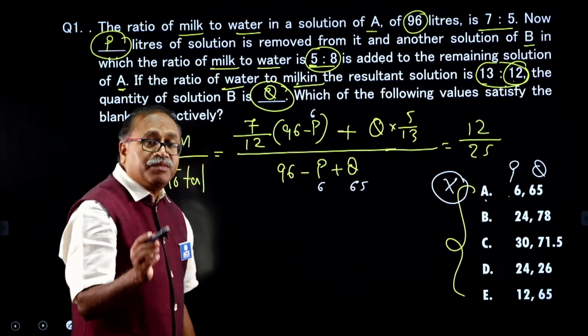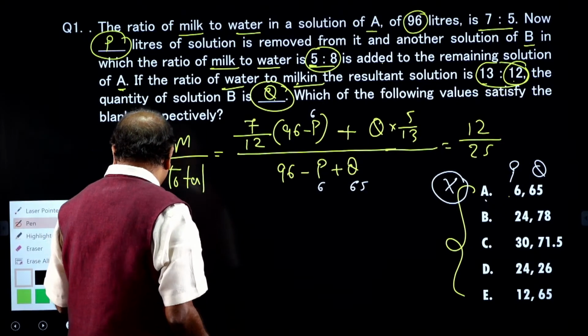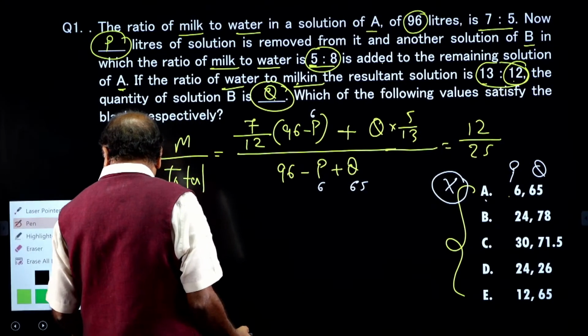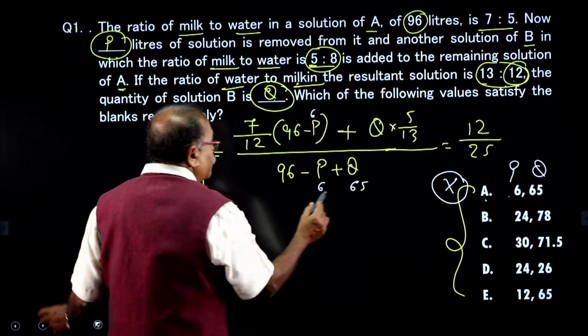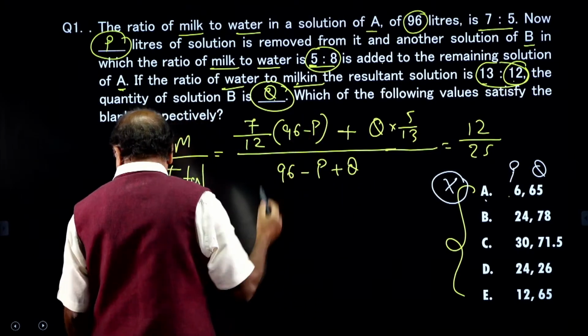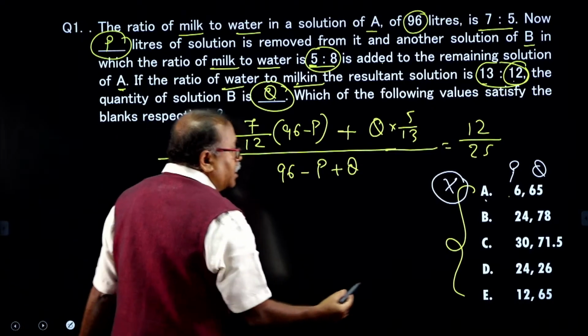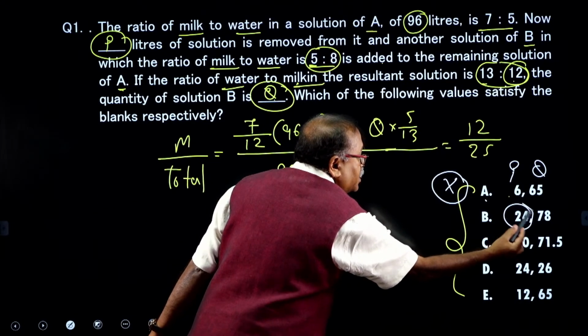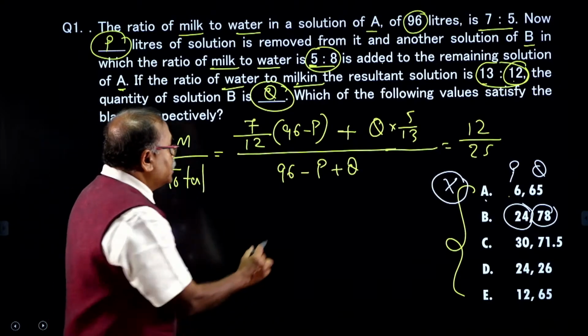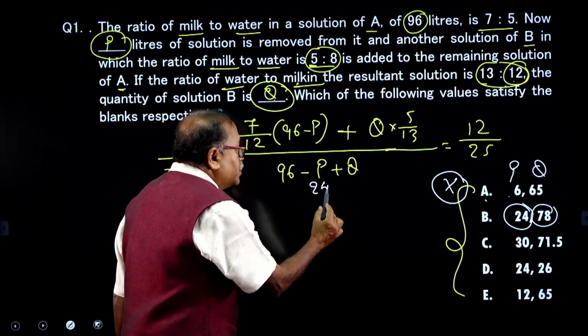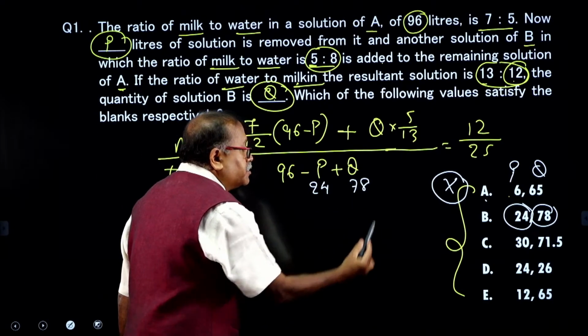So, let me check the B. Let me check B here. So, if I replace the value with B, will I be able to get the answer or not? So, let us take this out, and here if I take that P as 24 and Q as 78. So, I am placing here 24 and this is 78.